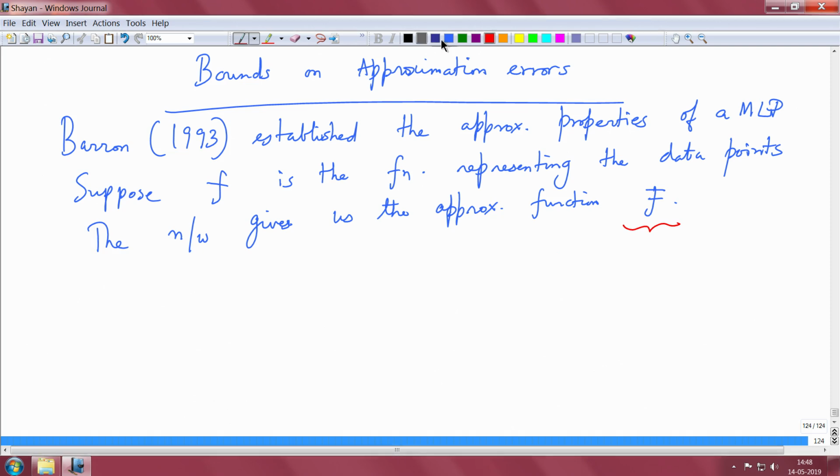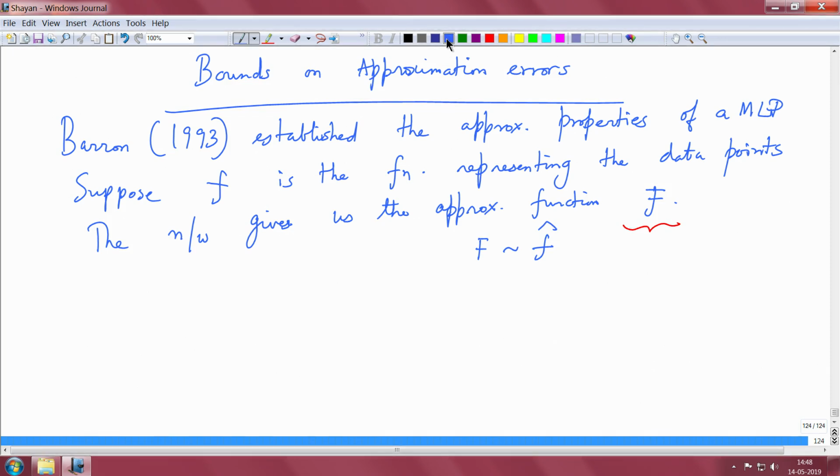We can say that F, I will put the approximation sign here, is an approximation of the estimate of the true function.